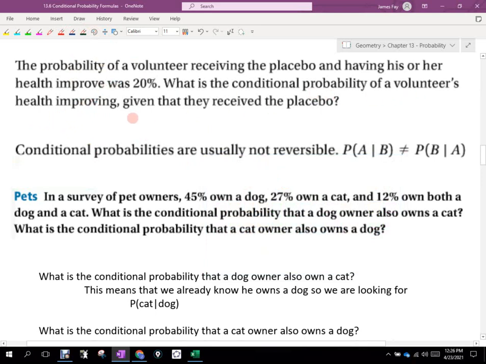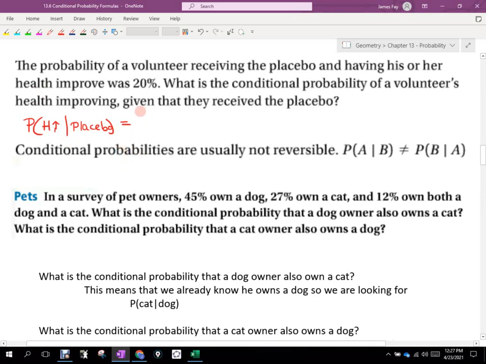So, the conditional probability of a volunteer's health improving, let's just say health with an arrow going up for improve, given that they received the placebo.